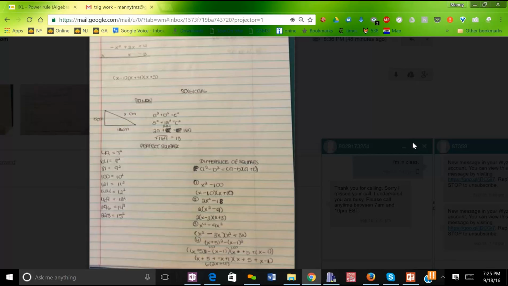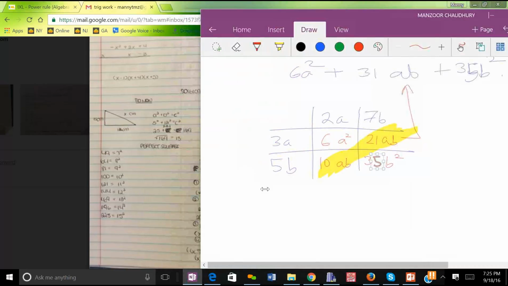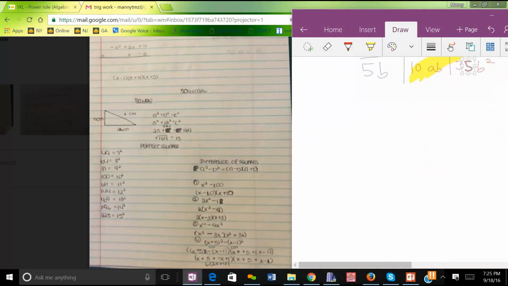Okay. Number 3, does it say x to the 4 minus something? Is it x to the 4 minus 9x squared?